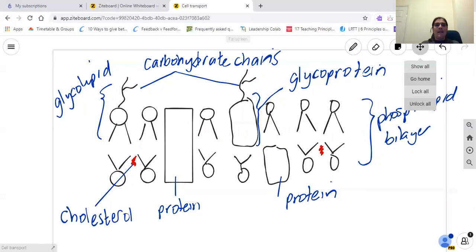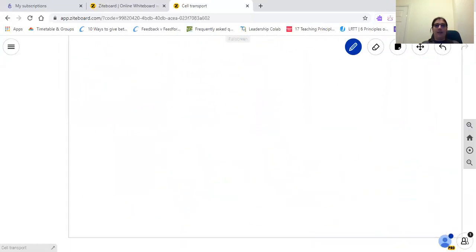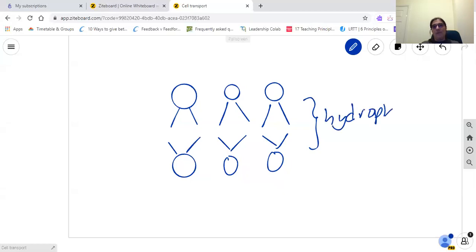Now, this creates a little bit of a problem because you have this phospholipid bilayer, like so. I'll draw it again down here, where you have this hydrophobic region in the middle, sometimes called a hydrophobic core.